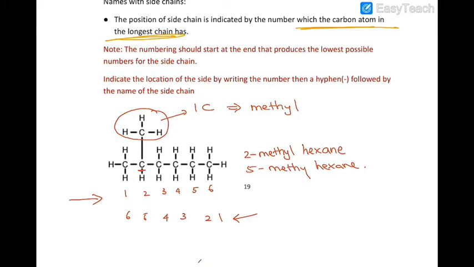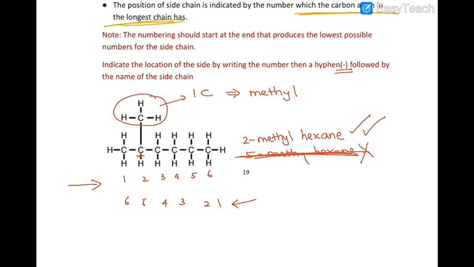The numbering that you're assigning should be the lowest possible. So 2 is the lowest number that the methyl can be allocated. So 5-methylhexane is wrong. The answer is 2-methylhexane. Now, any number should be separated from any word using a hyphen. So 2 hyphen means that the methyl is found on the second carbon, 2-methylhexane.